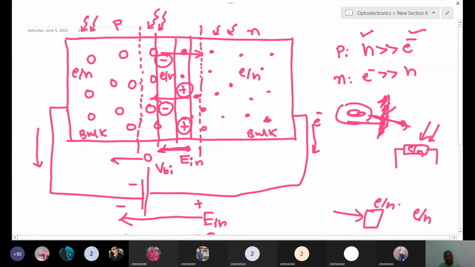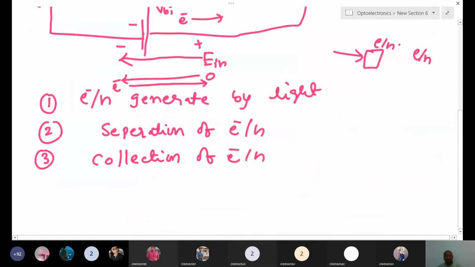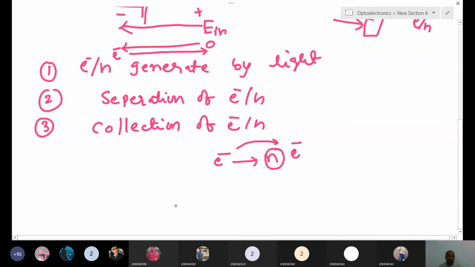So because of this drifting, only electrons are moving to the n side. In the n-type semiconductor we already have electrons, and only electrons come to this region. Similarly, in the p-type semiconductor we have holes, and this electric field drifts the holes towards the p side.